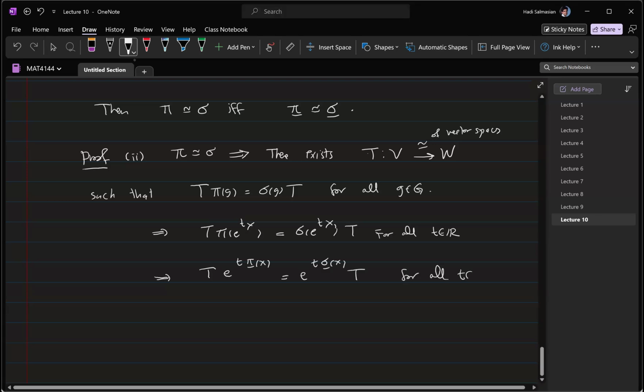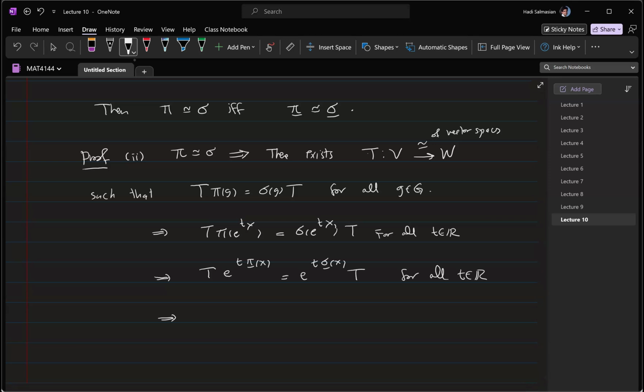And then what do I do? As usual in this course, differentiate at 0. I remember there was a joke when I was an undergrad: anytime we couldn't solve a problem, we had a friend who said, just differentiate at some point. Most of the time, such a trick works. So anyway, here you see that this kind of trick works.